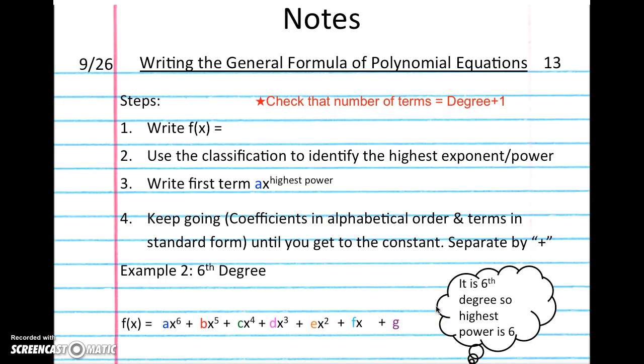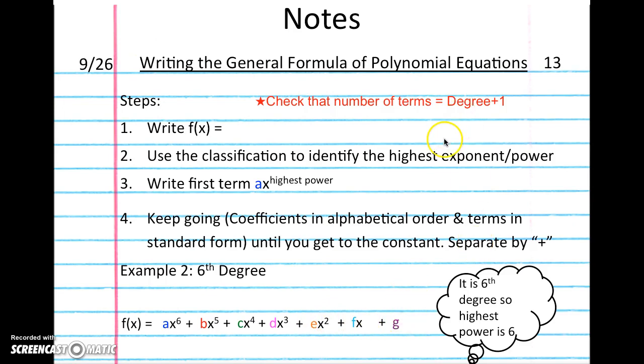Now, what's a quick way that we can use to remember to add the constant, or a quick way to check that we did it correctly and didn't skip any terms along the way? We can check the number of terms. And they should equal the degree plus 1. So for example, here's the 6th degree polynomial. So I should have 7 terms. I have 1, 2, 3, 4, 5, 6, 7.